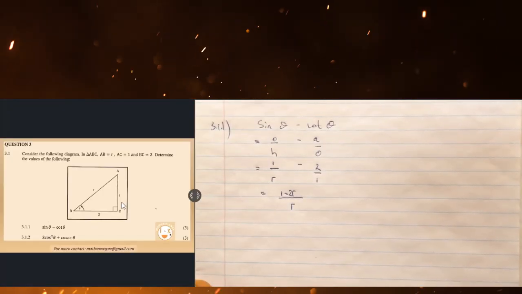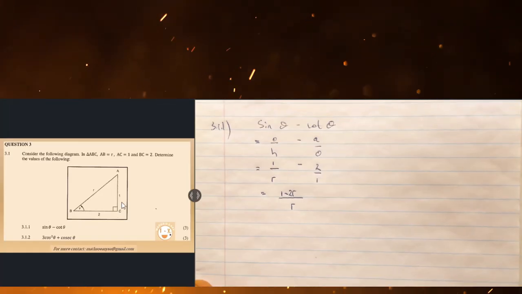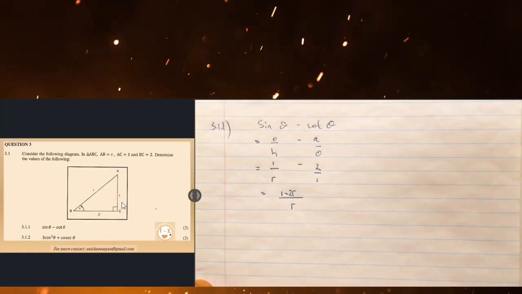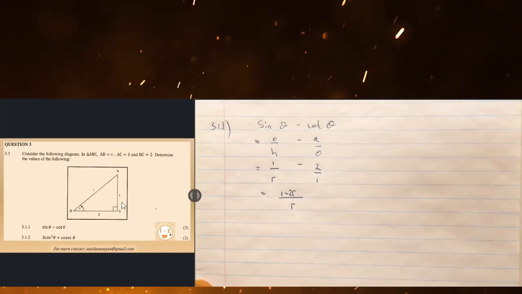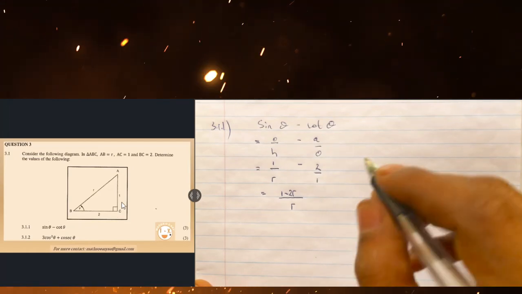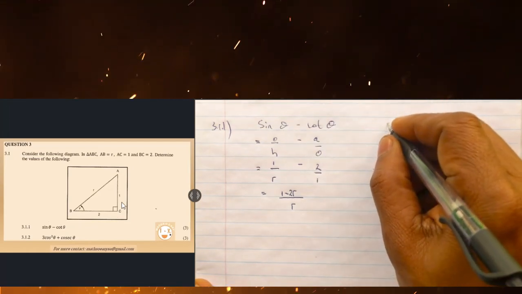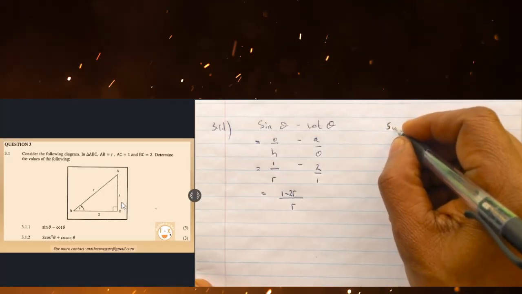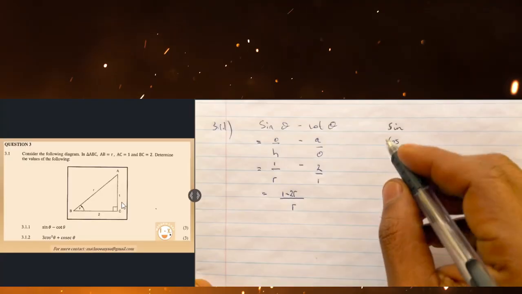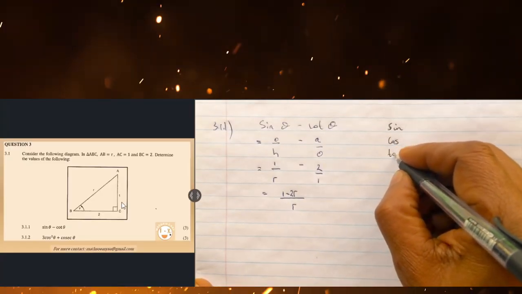I'm just going to recap on some of the elements that we should be cognizant of. So in our foundation, we are told that we have a sine, then we have a cosine, then we have a tan, isn't it?